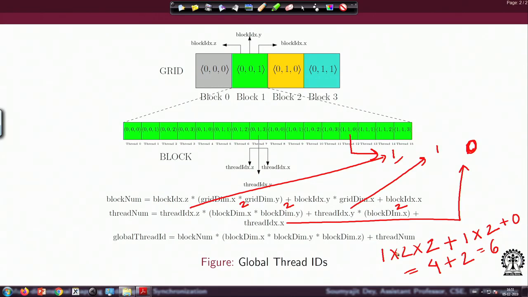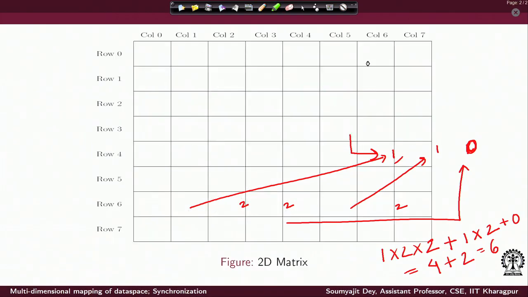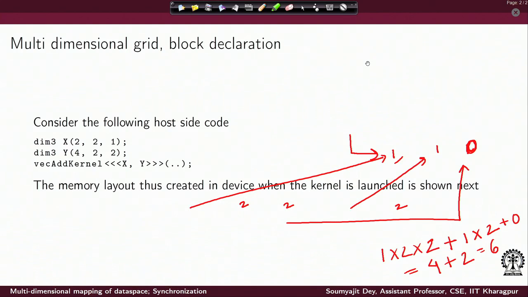Now if you look at the position here, we are considering this 1, 1 and 0. So this 1 gets multiplied with the block dimension. I believe the block dimension, let me just check back once. Sorry, okay, so in the x dimension it's 4, and then y is 2 and z is 2.